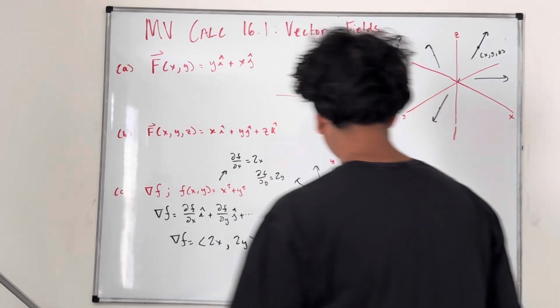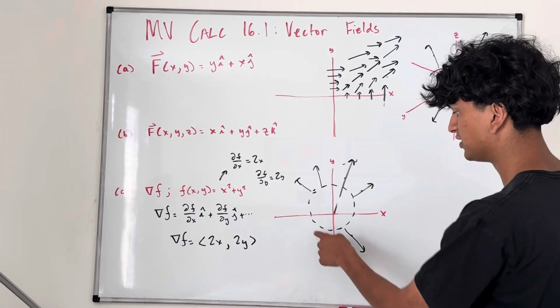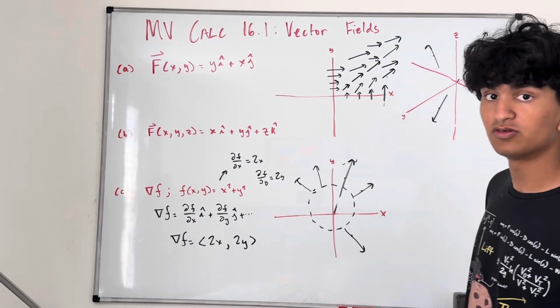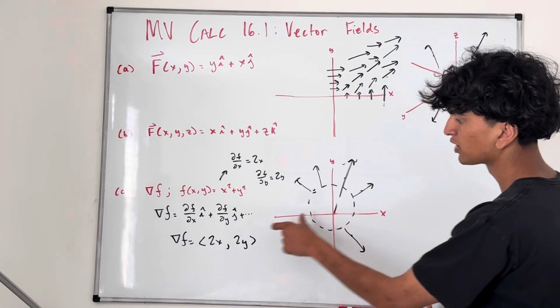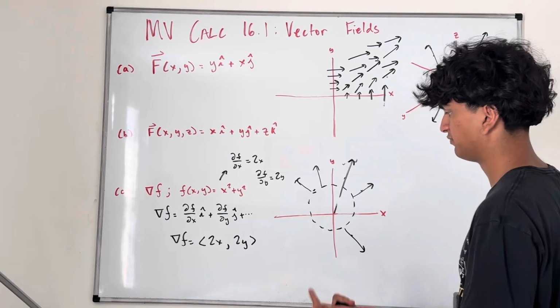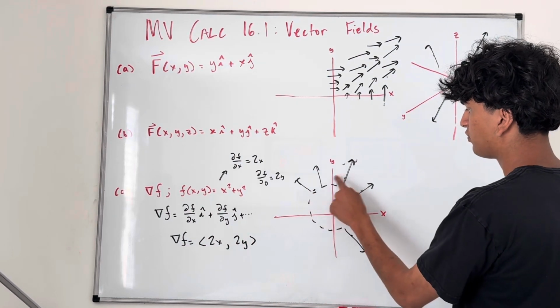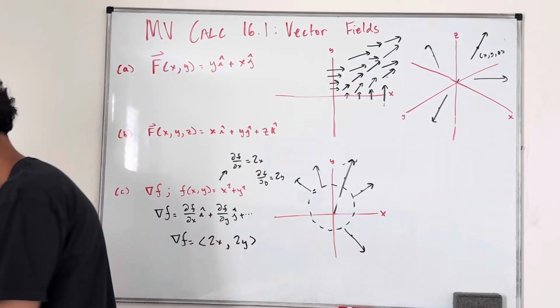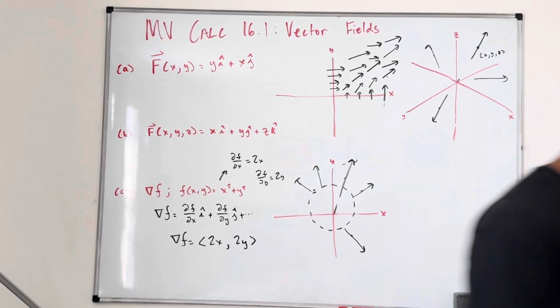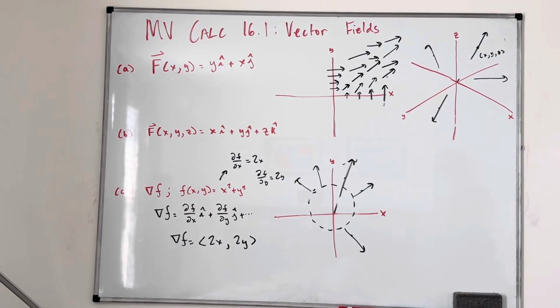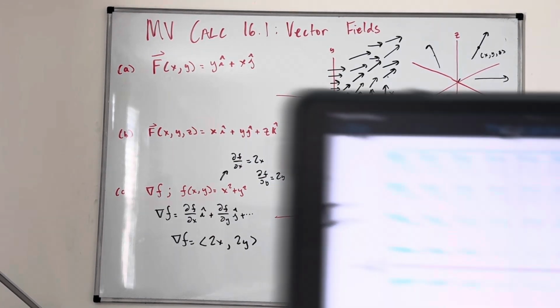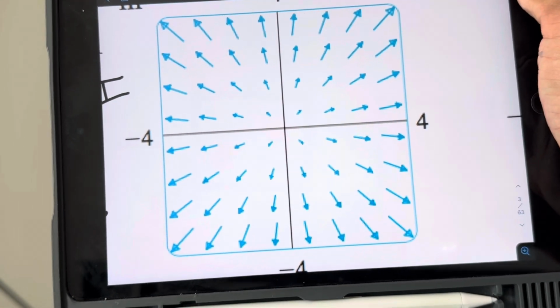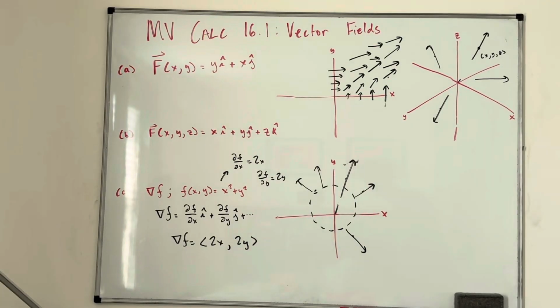So that means the magnitude of a vector x, y would be the same, and this is just 2 times that vector x, y. So all points along the circle would have the same vector magnitude. Let me show you what it would look like. It would look something like this. Circular symmetry, not really spherical.